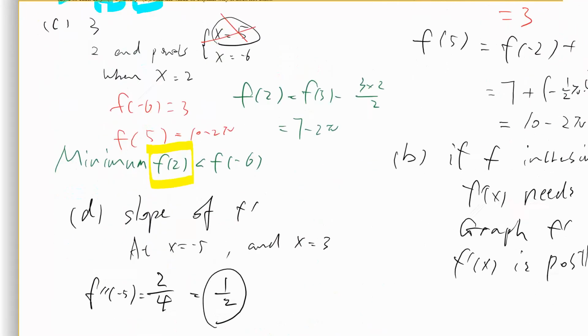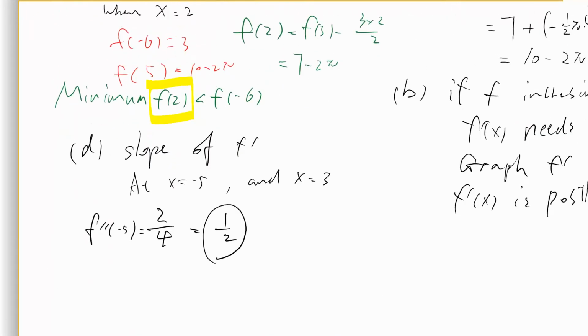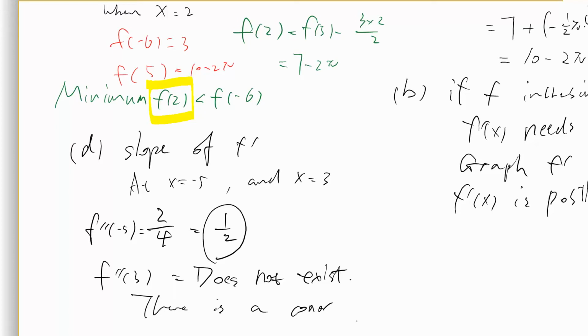So we will say f double prime of 3 does not exist. The reason is that there is a corner and f prime of x is not differentiable there.